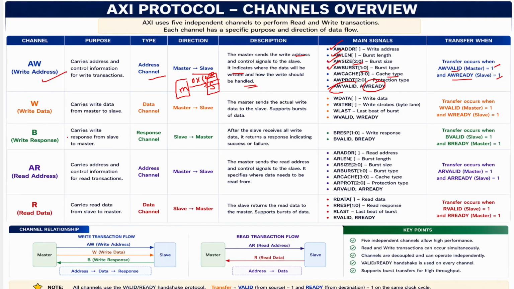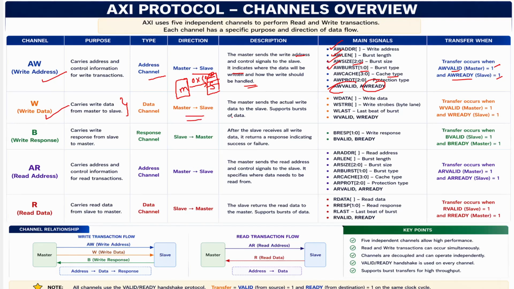Next, W, the write data channel. How does it carry the data? The write data channel carries the data from master to slave. Previously we were giving the address, and based on the address, the data channel will send the data to that location.